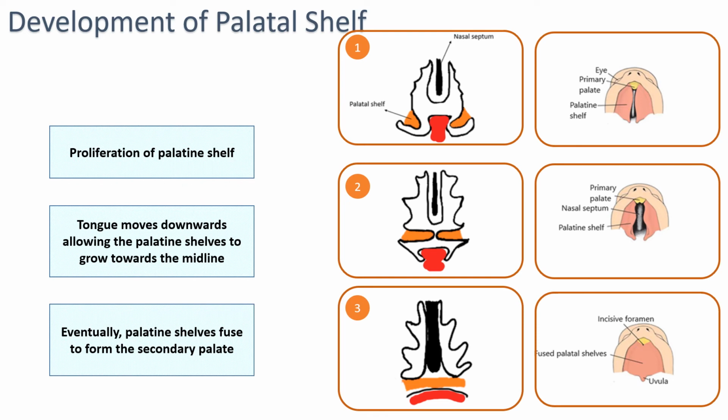And when all of this happens, ossification of the palate will then occur, where, as I mentioned, it zips up in an antero-posterior direction. But of course, you know that the posterior region does not ossify.